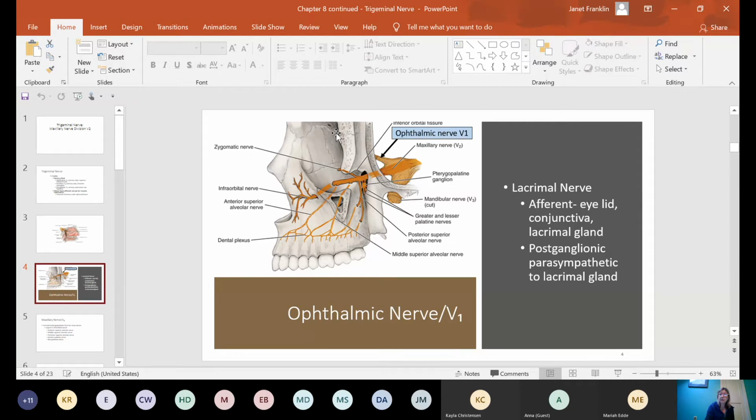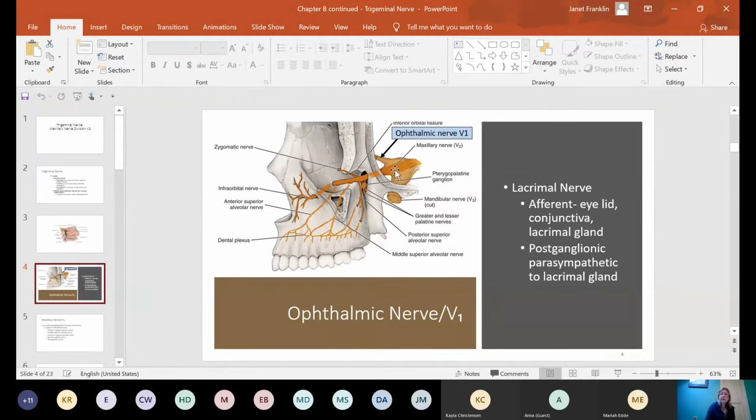This middle branch is your maxillary division, and you can see it comes off and it branches to the infraorbital nerve, and right here is the infraorbital foramen, and you can see the infraorbital division passes through that, and it innervates the side of the nose, below the eye, right in here.